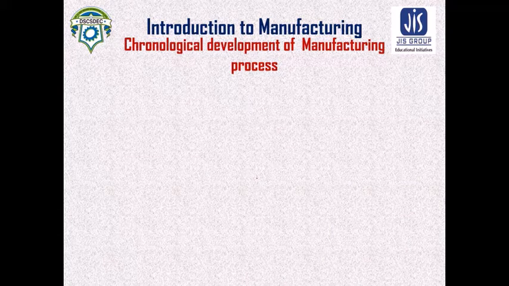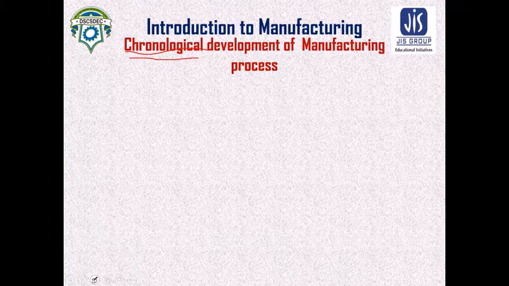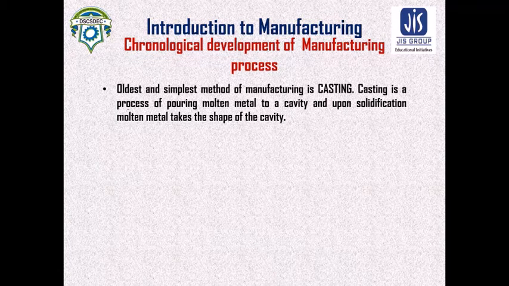Now we will see the chronological development of manufacturing processes. Chronological development means development with time. The earliest, oldest and simplest form of manufacturing is casting.